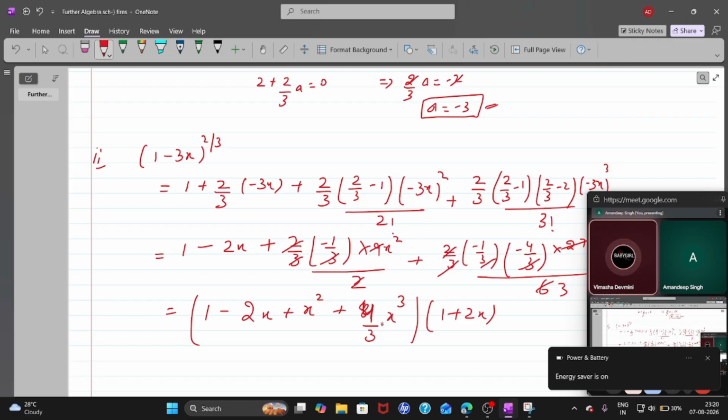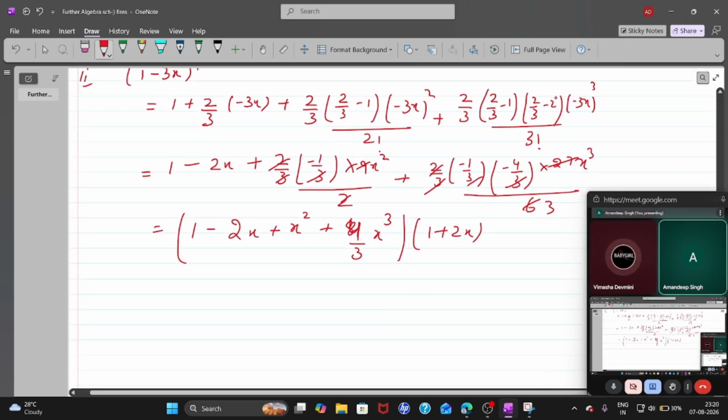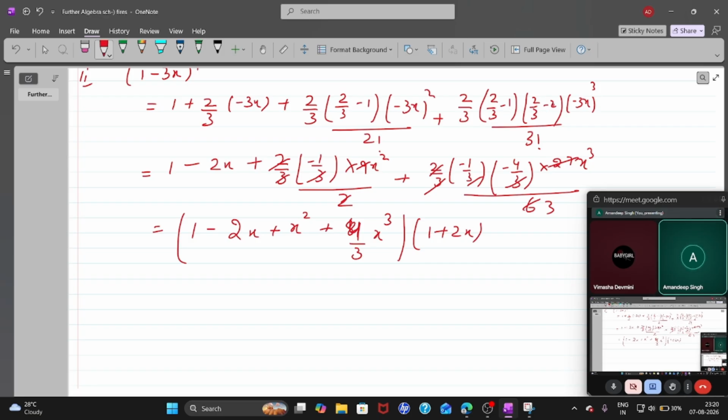Instead of 4 over 3, it is 20 over 3. Wait, minus 1 by 3, minus 6. No, I think it is 4 over 3 only. How are you getting 20 over 3? Wait, let me do it again.